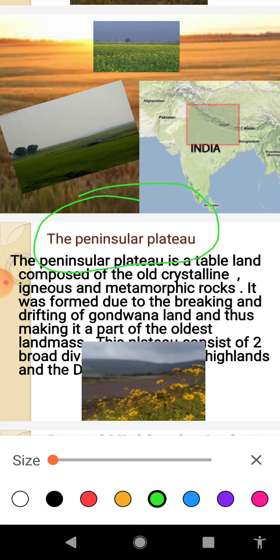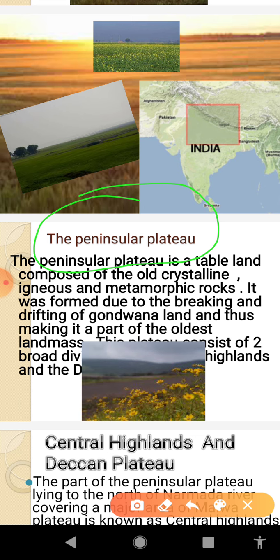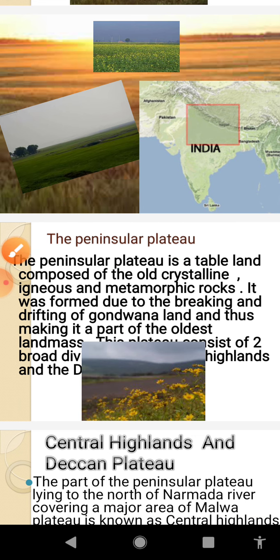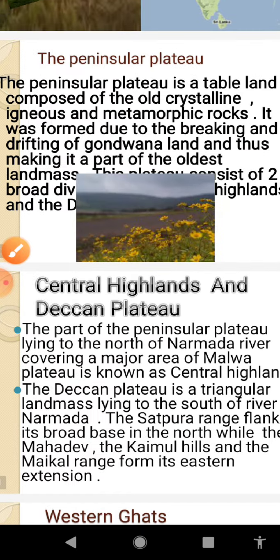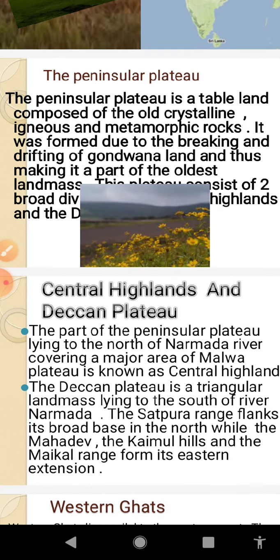And from this topic you may get the question: mention the characteristics of the peninsular plateau of our country. If you get this question, the important point you can add is that this is a tableland composed of old crystalline igneous and metamorphic rock.